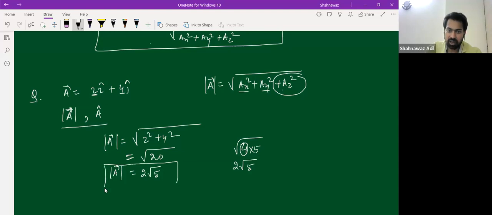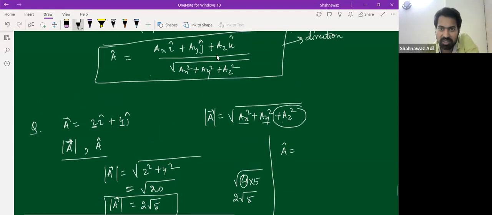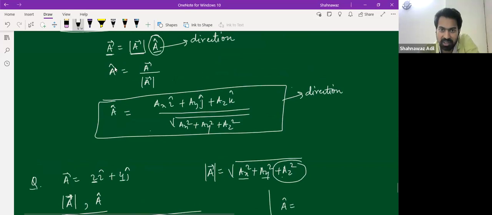Okay. And can you tell me about the direction as well? What would be the direction? Direction. I cap plus j cap. Think again. So what is this direction? We have just learned this, right? The direction is this vector divided by this magnitude.